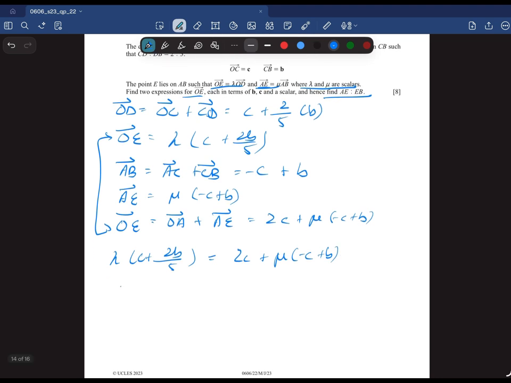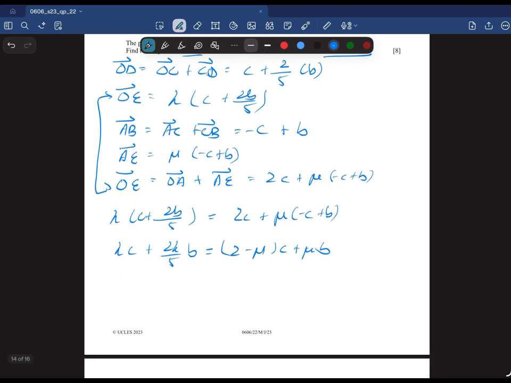So lambda c plus 2 lambda upon 5 b is equal to 2 minus mu c, and plus mu b.